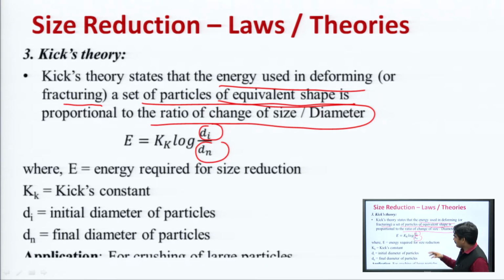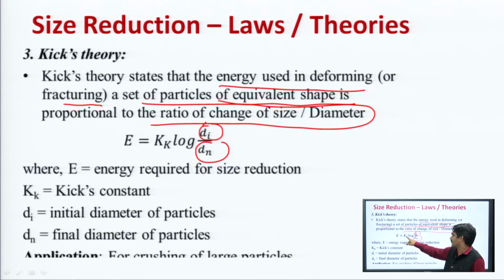So, the ratio of these diameters is proportional to the equivalent shape of the particles, that is, energy used in deforming a set of particles of equivalent shape is directly proportional to the ratio of this change in diameter.